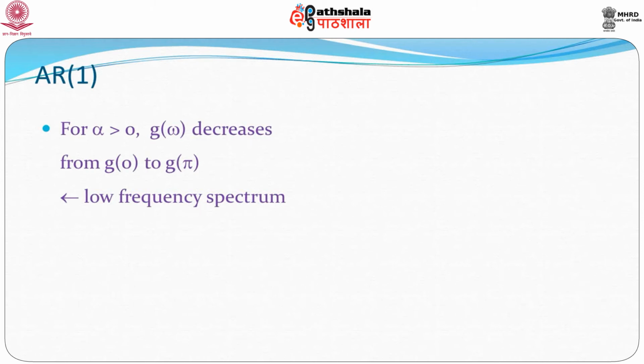For alpha greater than 0, g(omega) decreases from g(0) to g(pi), and again we have a low frequency spectrum, with the higher values of omega in this case having little contribution, and the lower values having the maximum contribution in the makeup of the process.